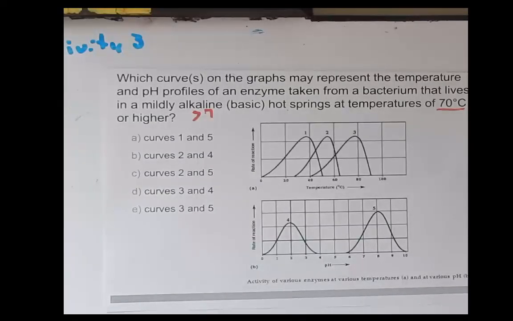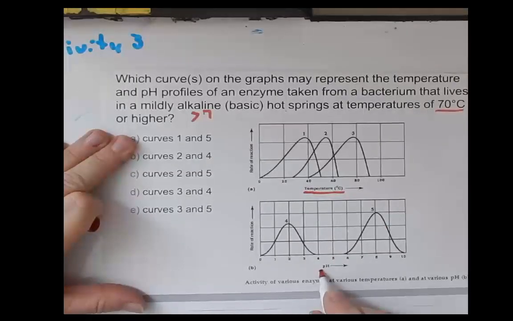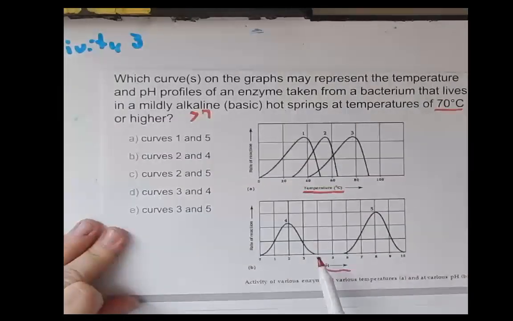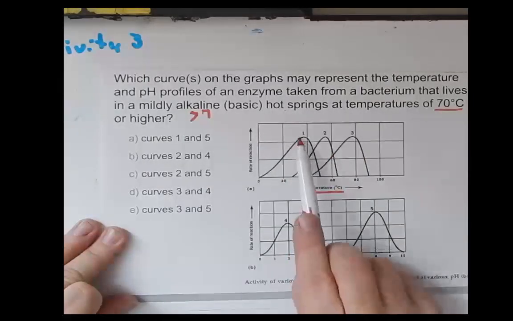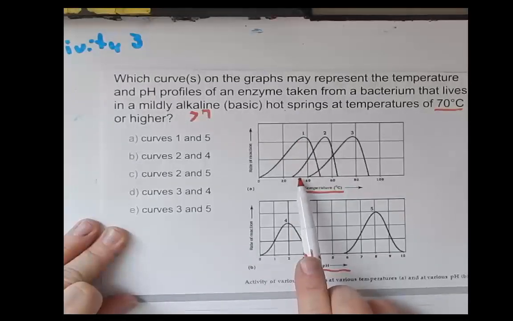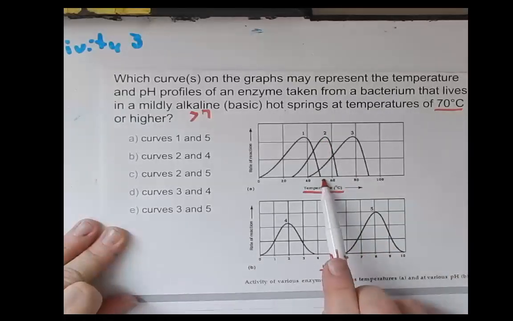And in our two graphs here, you can see on the top one, we see temperature, on the bottom one we see pH. And so what we're seeing here are 3 different enzymes. One of the enzymes seems to have an optimal temperature of around 35 degrees, maybe closer to 37 degrees. The second one has an optimal temperature of around 55 degrees.